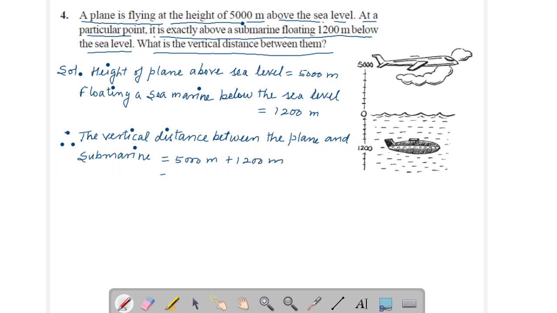Add it, you will get 6,200 meters. This is your answer.